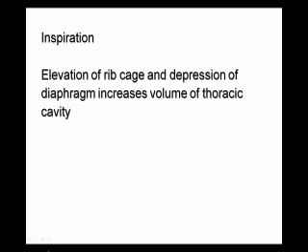Also, the diaphragm contracts. Now this is a little unusual because the diaphragm, when it contracts, it actually drops down. And so if the rib cage is elevated and the diaphragm drops down, that is going to increase the volume inside the thoracic cavity.